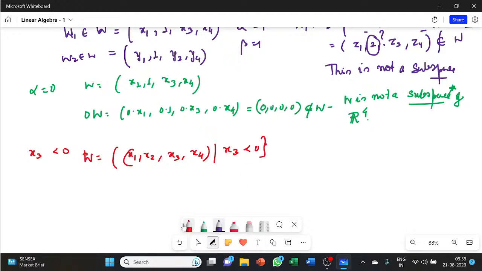How to go about it? Just think that one of the elements can be (0, 0, -1, 0). Indeed it can be. So clearly W is not an empty set. It is a non-empty set, right?